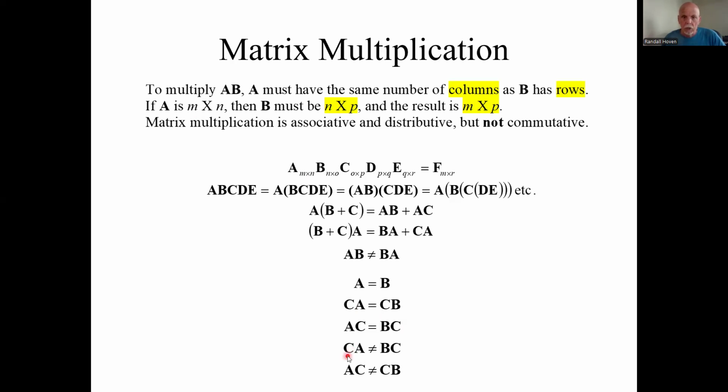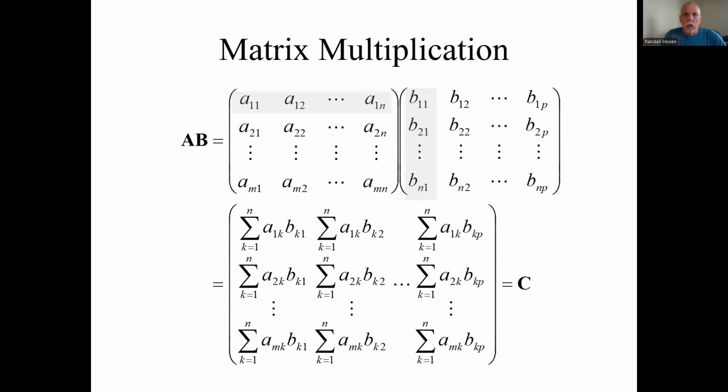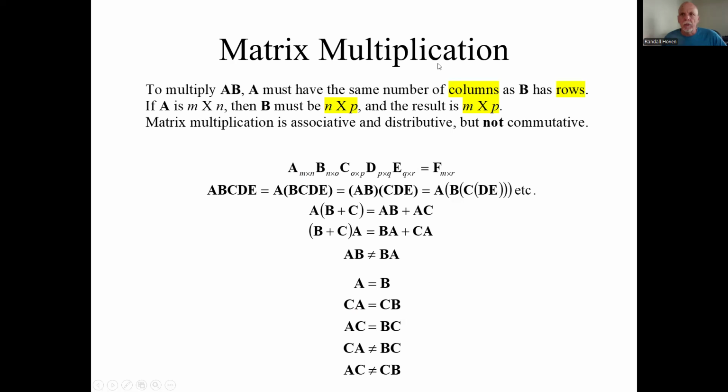I can't multiply on the left side and on the right side. Got it? So when you do matrix algebra, you've got to multiply in the right order. All right. We'll save the mechanics of matrix multiplication for another video.